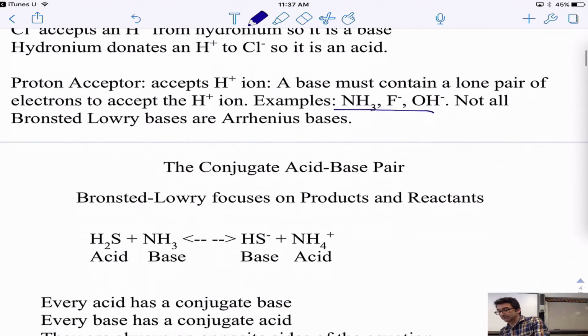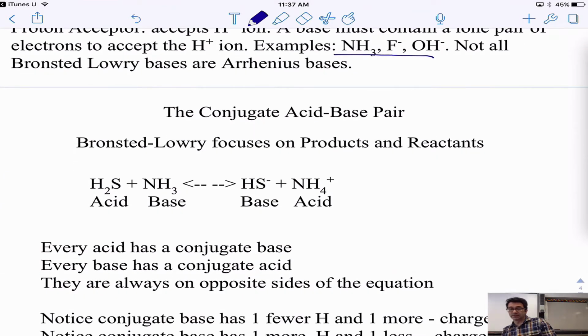So here's a specific example, and this one's kind of neat because it doesn't actually have any water in it. It's showing you an acid and a base reacting, probably in aqueous conditions. But this H2S, if we highlight it in orange, becomes HS-. That means that the H2S lost a hydrogen and acts as an acid.